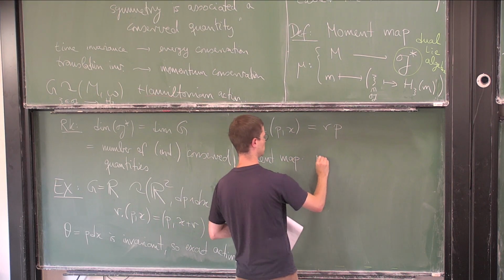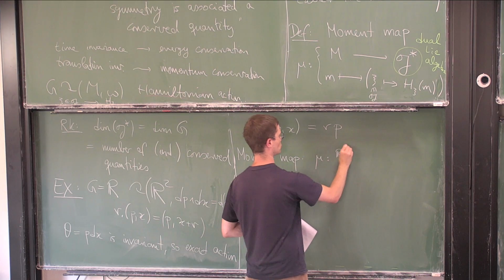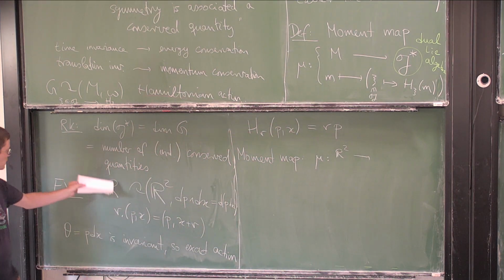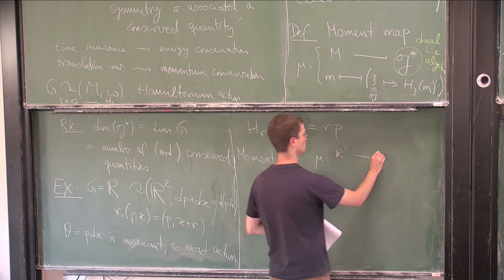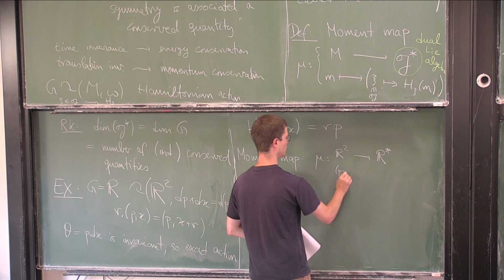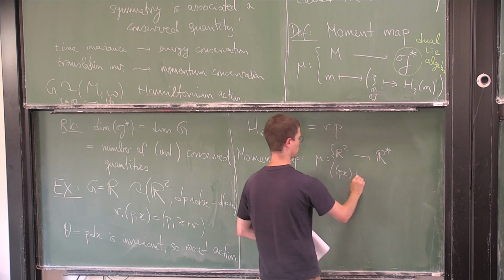So mu should go from R2 to the Lie algebra. Well, the Lie algebra of R is R, and it should be the dual R star. With (p,x), it should associate what?